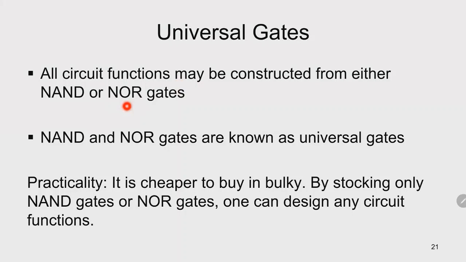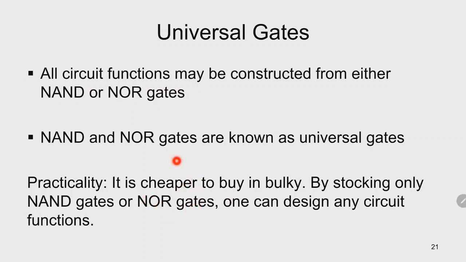From a practicality point of view, if you are prototyping circuits, or you are a company trying to design logic circuits, it is cheaper to buy your gates in bulk. You can stock up a lot of NAND gates, or a lot of NOR gates. You can decide which one you want, and that's all you need.